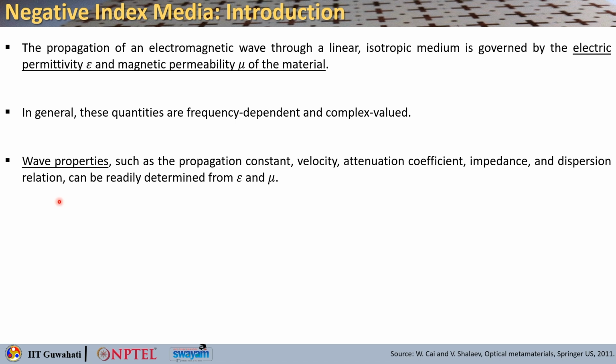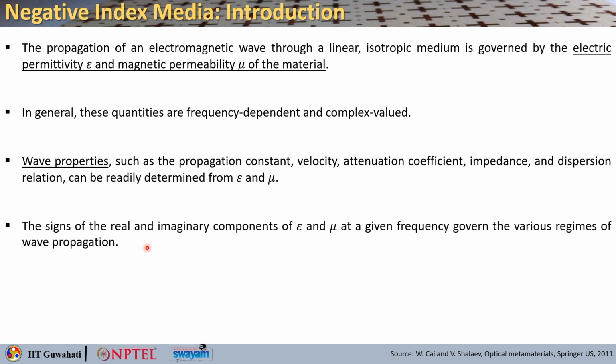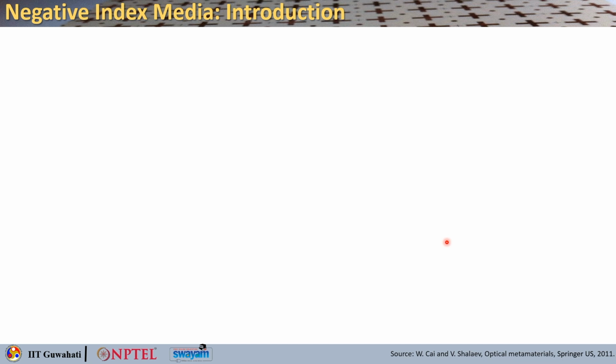Wave properties such as propagation constant, velocity, attenuation constant, impedance and dispersion relation can all be readily determined from permittivity and permeability. Because they are complex, the signs of the real and imaginary components of epsilon and mu at a given frequency govern the various regimes of wave propagation.